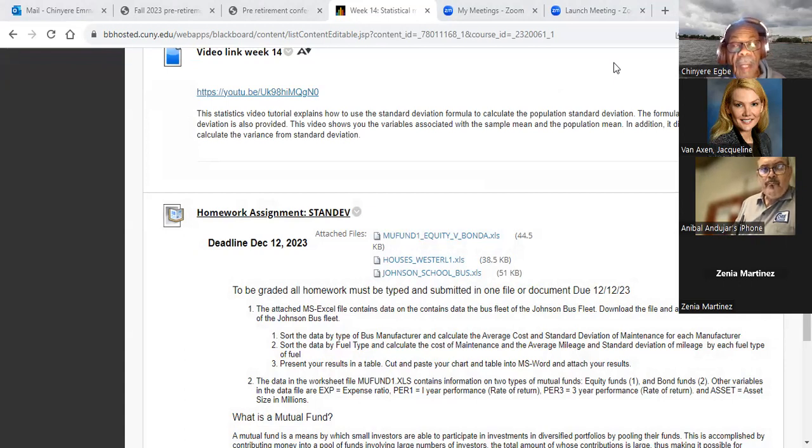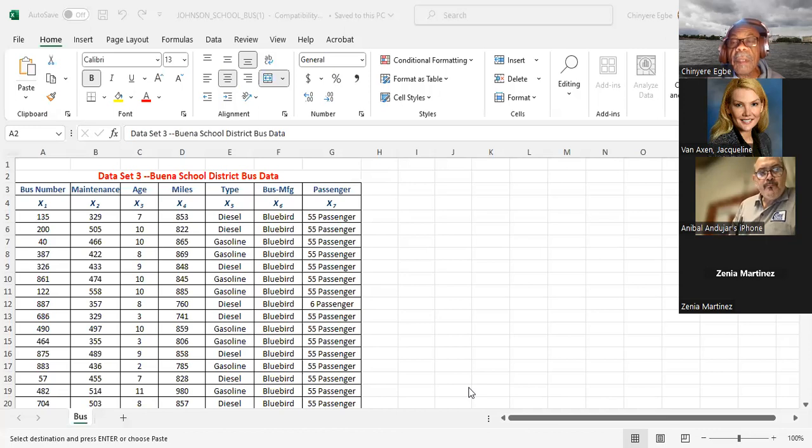Are you seeing the data? Or are you still seeing Blackboard? Blackboard. Okay, so I'm going to share the data itself. Are you seeing the Excel file now? Yeah, Excel. Okay.